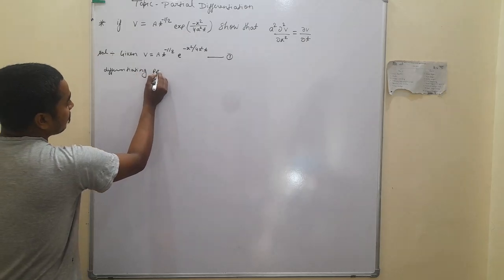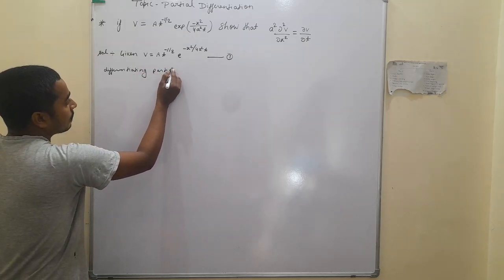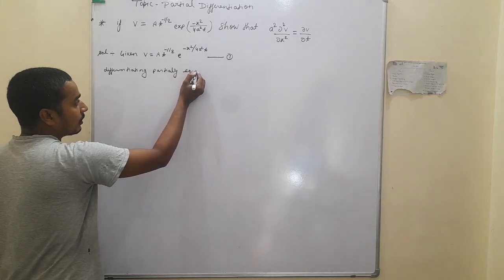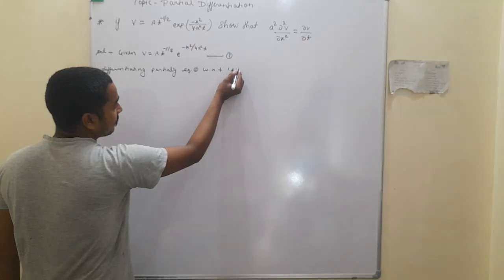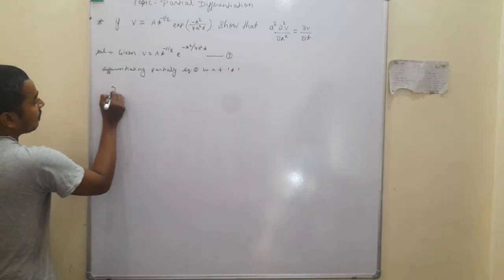Differentiating partially equation 1 with respect to t, we get del v upon del t.